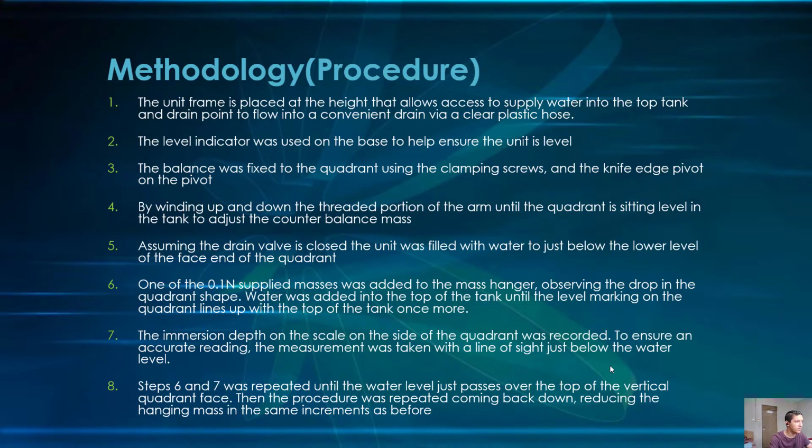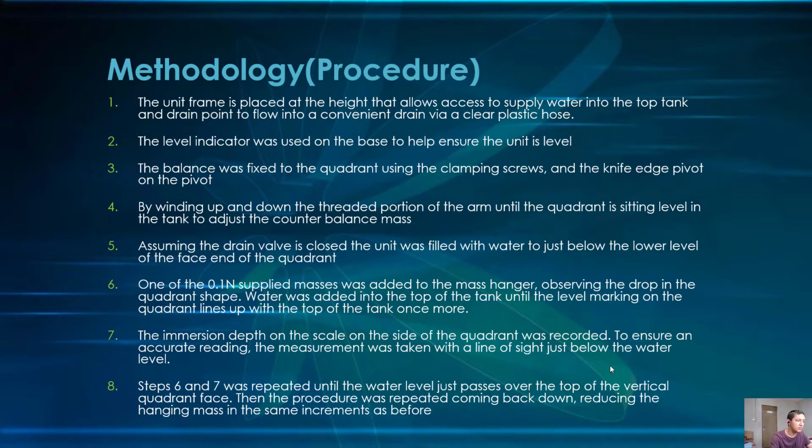Fourth, by winding up and down the threaded portion of the arm until the quadrant is sitting level in the tank. Fifth, assuming the drain valve is closed, the unit was filled with water. Sixth, one of the 0.1 Newton supplied masses was added to the mass hanger. Then water was added into the top of the tank until the level marking on the quadrant lines up with the top of the tank once more.